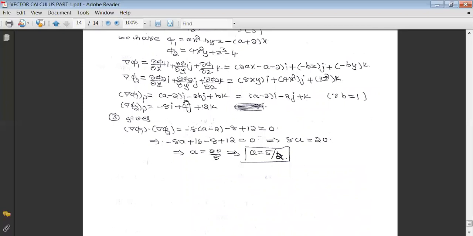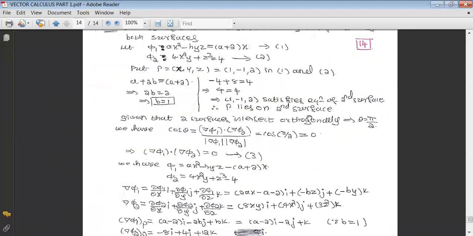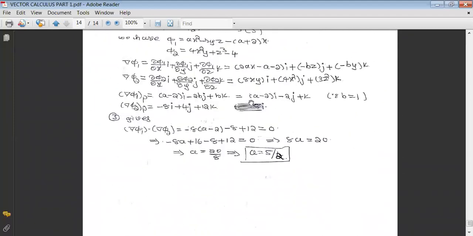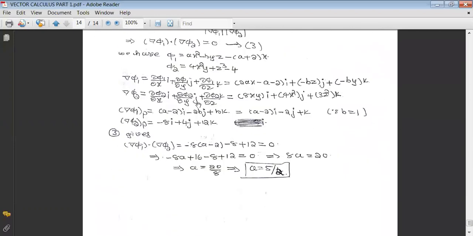Just substitute x equals 1, y equals -1, and z equals 2 here and here. Once you take the same point for del pi 2, we get minus 8i plus 4j plus 12k, because here b is involved and we already computed the value of b as 1. Therefore, if you take b equals 1 here, we reduce this to this particular form.